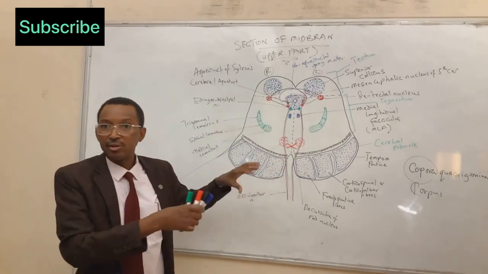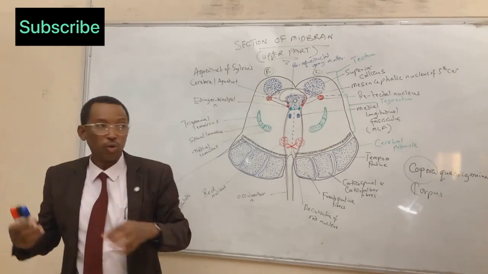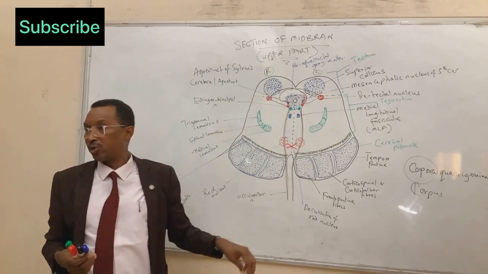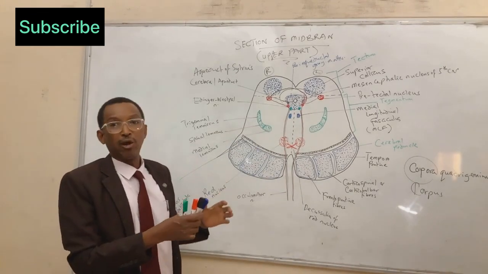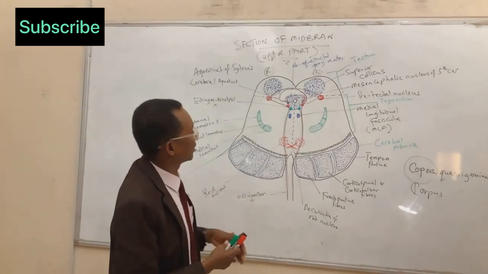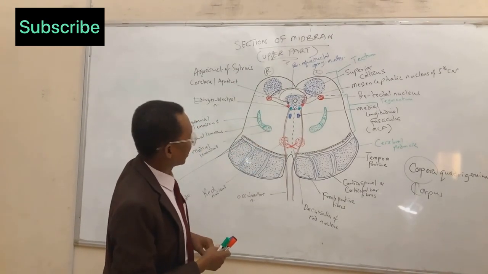All these cranial nerves responsible for the movement of the eye join or connect with this medial longitudinal fasciculus just to allow for the movements of the eye. You get it? And so that is the essence of this medial longitudinal fasciculus.